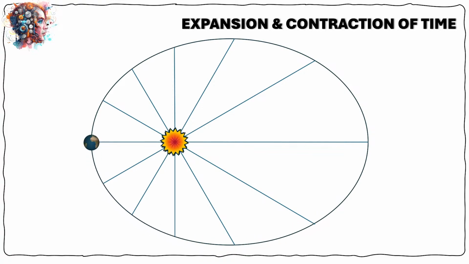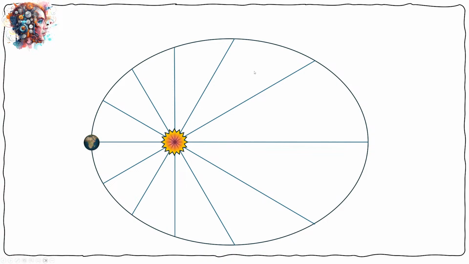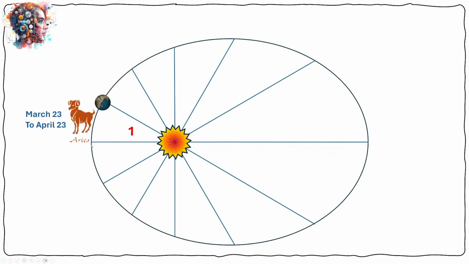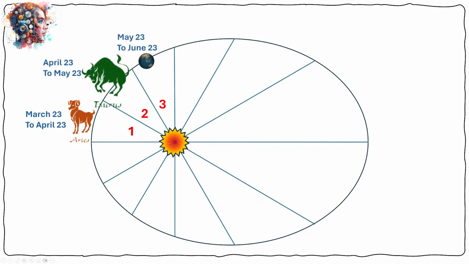But when the earth crosses above the equator, from March 23 to April 23, we say that the sun is in Aries, which, according to the ancient people, is the first month. So the earth travels around the sun, and we have this.